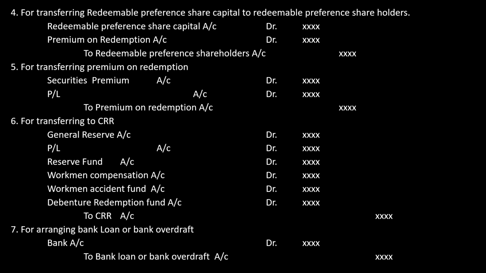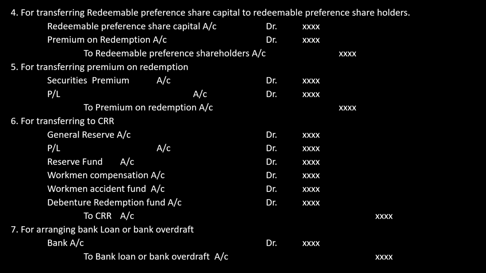But I need 50,000. Therefore, I give first priority to the securities premium and take 40,000. Then for the shortage of 10,000, I'll go to the P&L and take from there. If P&L is also not there, then the next option is general reserve. So securities premium account debit, P&L account debit, to premium on redemption account. That will be the fifth entry.